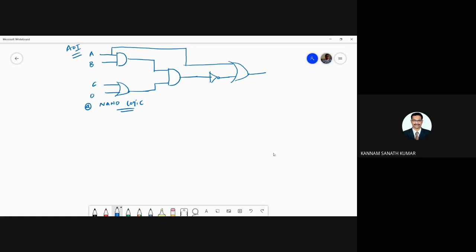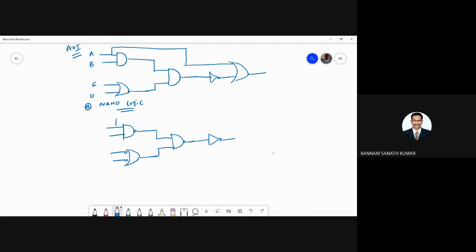So here, the first is an AND gate, so add a bubble at the output side, and this is the OR gate, so add the bubble at the input side. Again it is given to the AND gate, so add the bubble at the output side, and again it is given to the inverter.